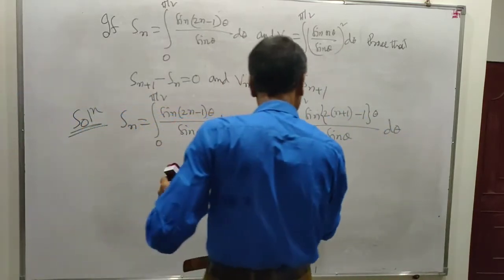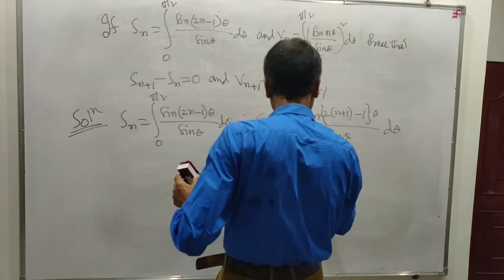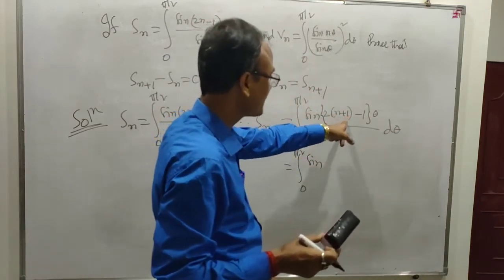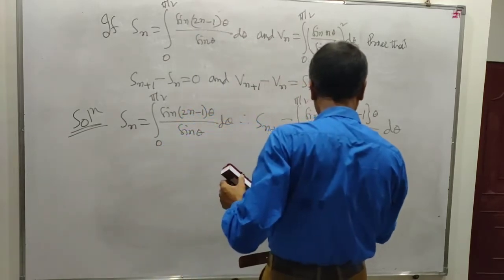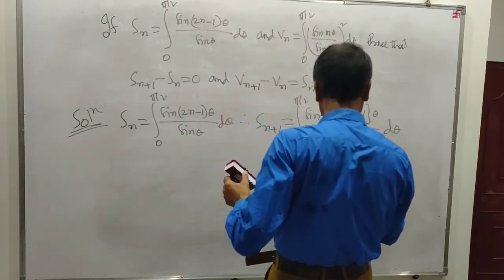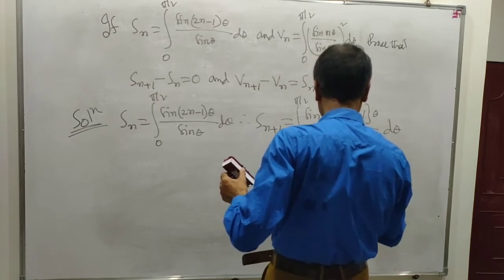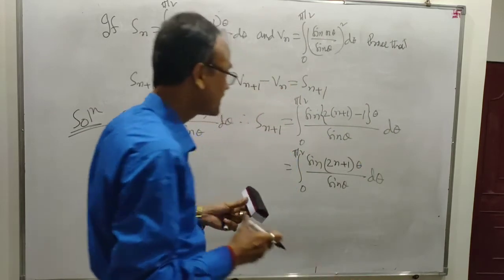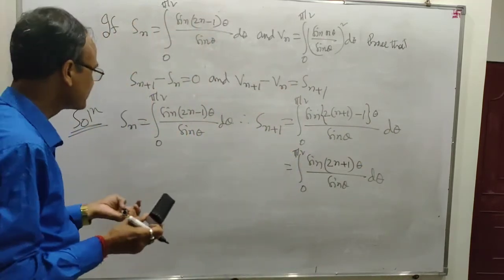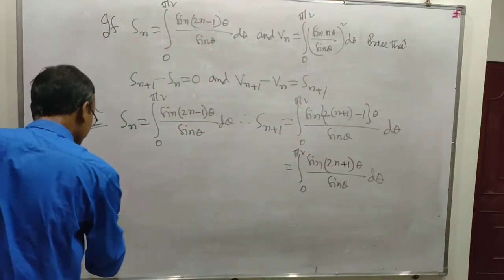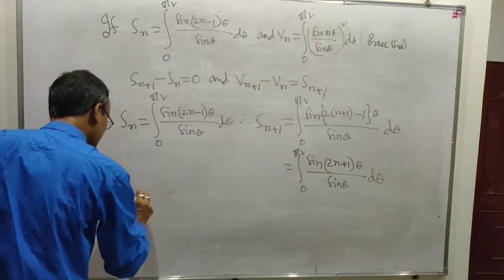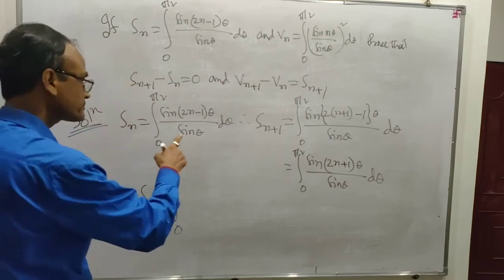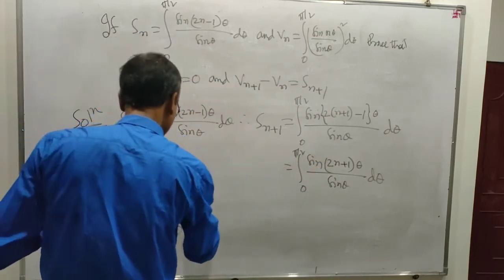This is equal to integration 0 to pi by 2 sine twice n plus 2 minus 1, twice n plus 1 theta divided by sine theta d theta. Sn plus 1 equal to this. Therefore, Sn plus 1 minus Sn will be equal to 0 to pi by 2, this minus this.